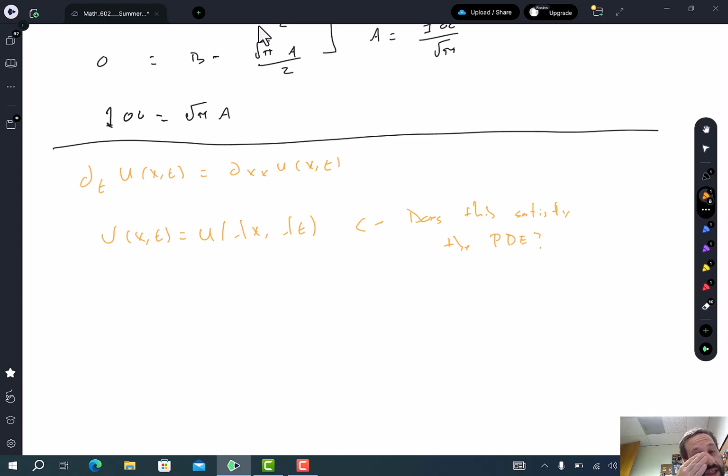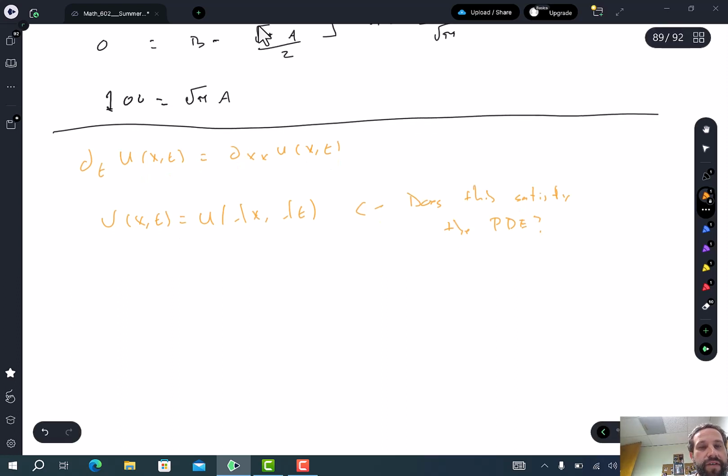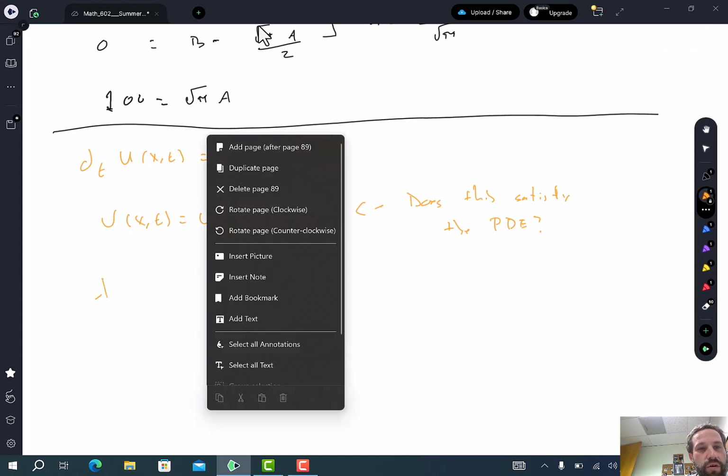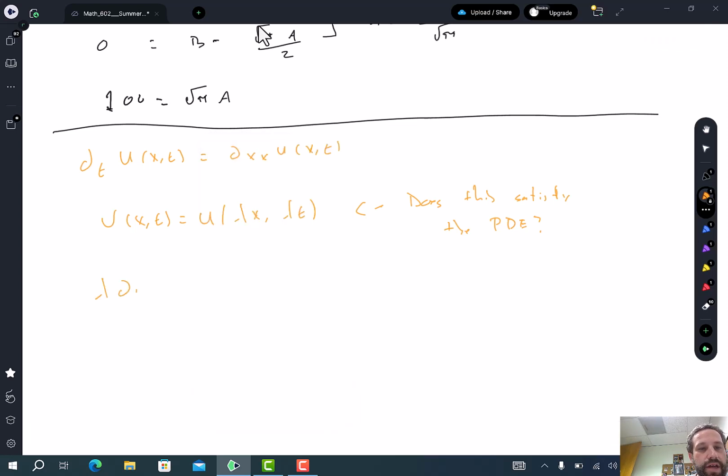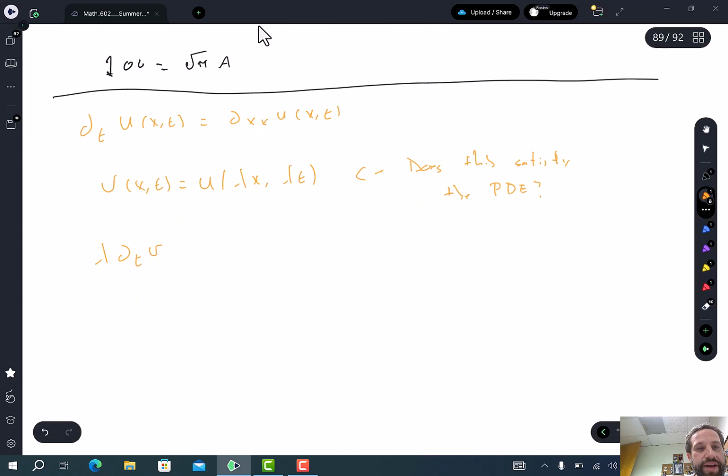Okay, well, let's think about this. Let me take the t derivative. If I take the t derivative, I'm going to get lambda, because I have to do the chain rule. Let me actually write what I'm saying.